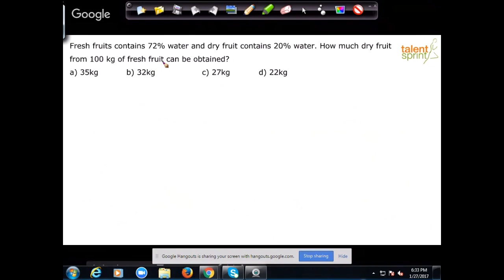How many of you are stuck? How many of you think you cannot solve it? I'm sure some of you have given up already, right? 27 kgs or 35 kgs or cannot solve? Anybody?